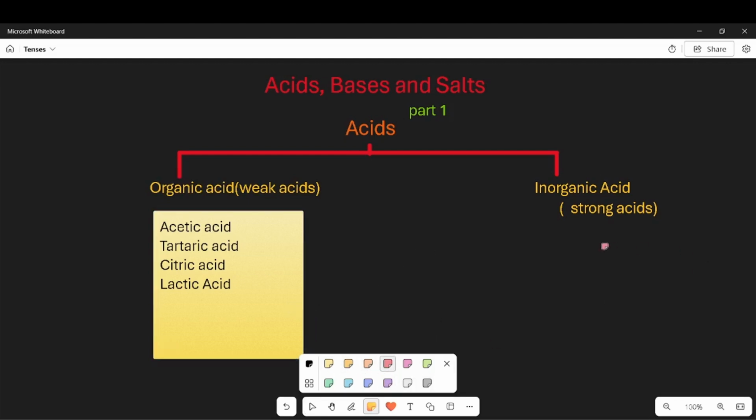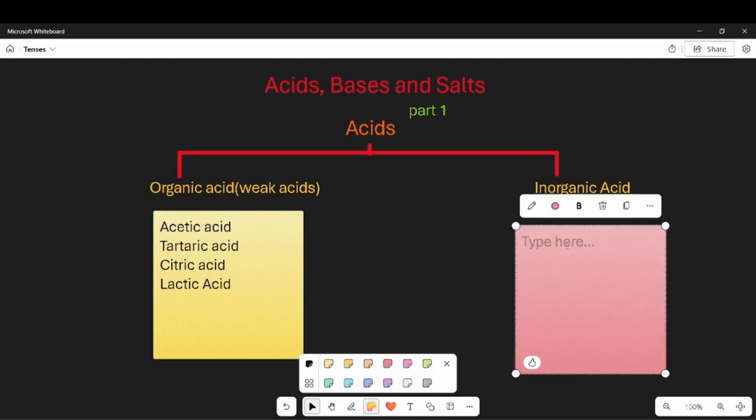Now let's talk about inorganic acids. So let's take a few examples for inorganic acids. There are mainly 3 examples for this: hydrochloric acid, nitric acid, and sulfuric acid.